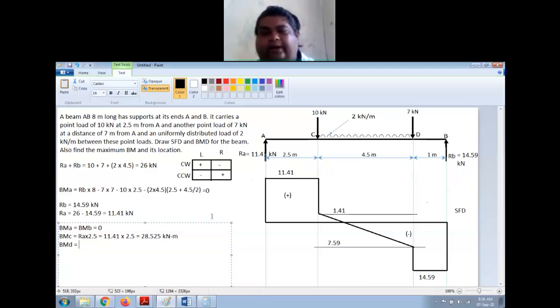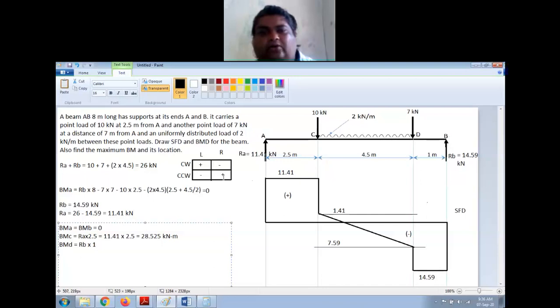Now I am taking right side RB into perpendicular distance is 1 meter, right? This is at point D. Now this is on the right side of D and it is upward, because of which it is making a counterclockwise movement.